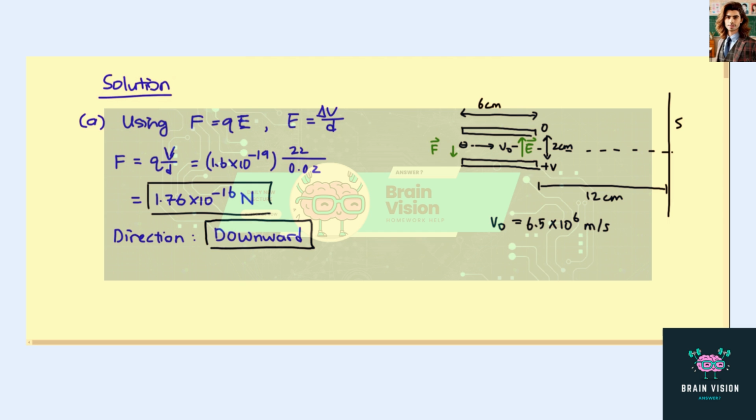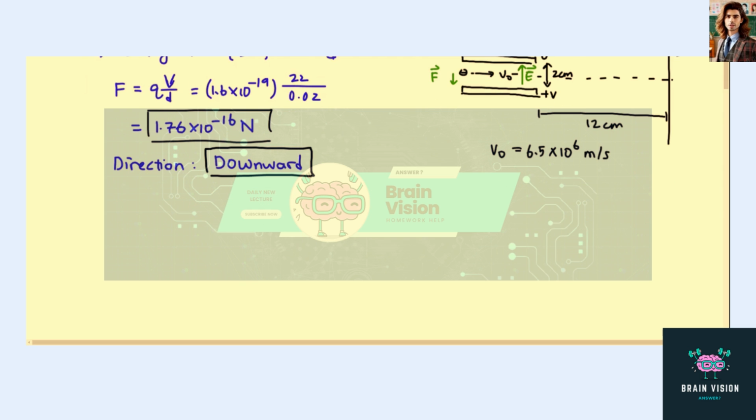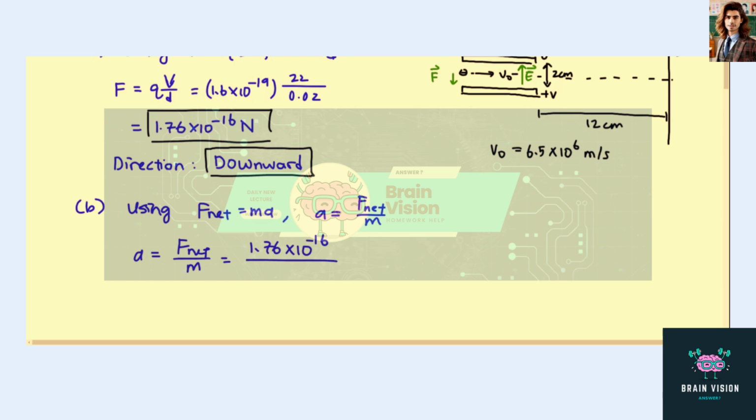Next in part B, you want to find the acceleration. Using F net equals ma, so a equals F net divided by m. Put in the numbers.